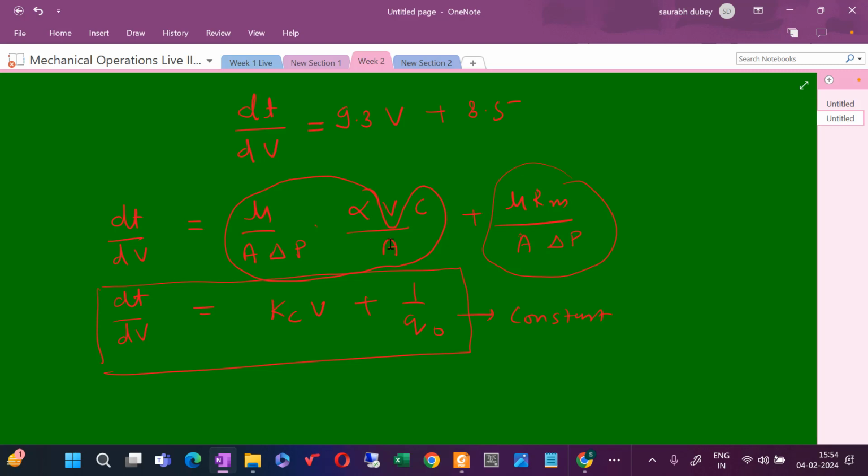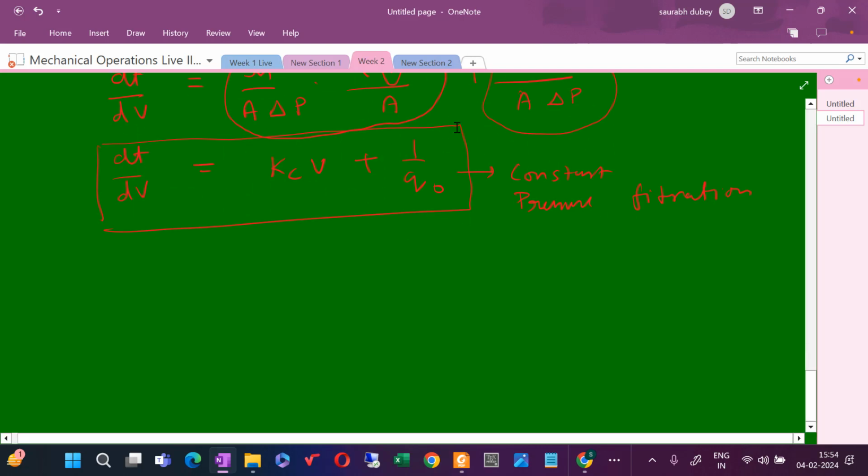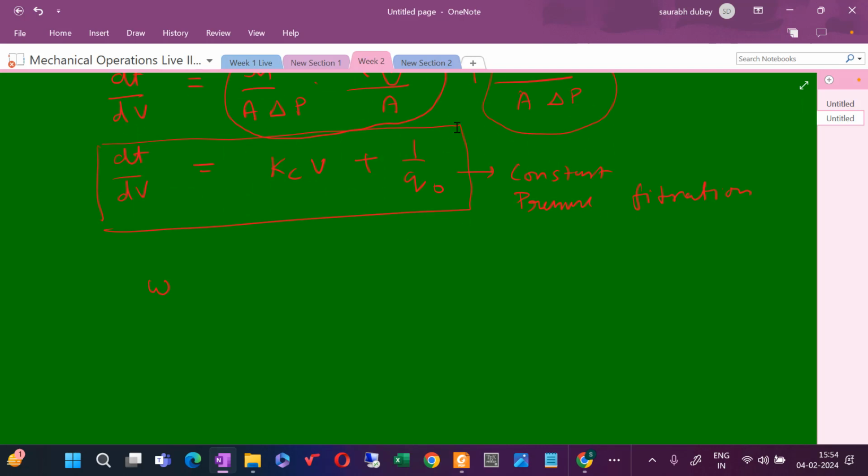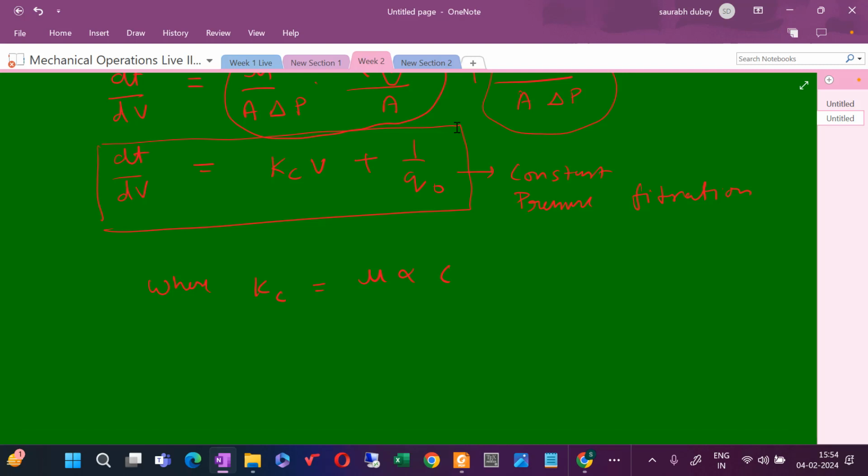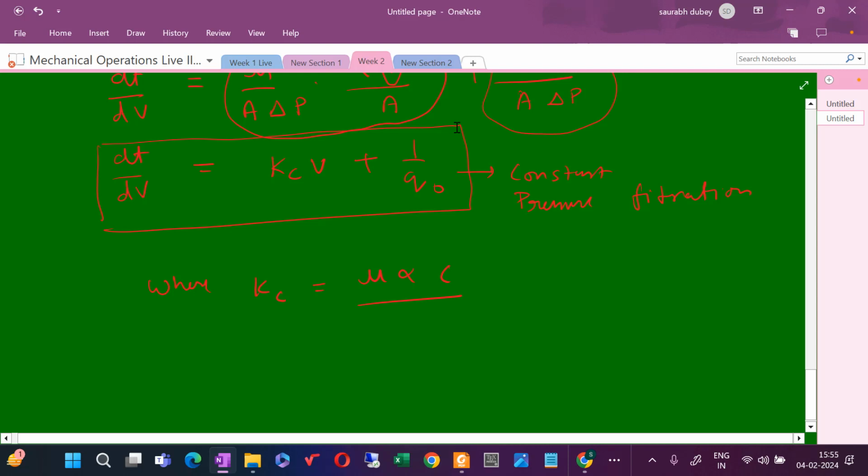Here Kc is equal to mu alpha c divided by A squared delta p, where c is the initial concentration of the slurry.